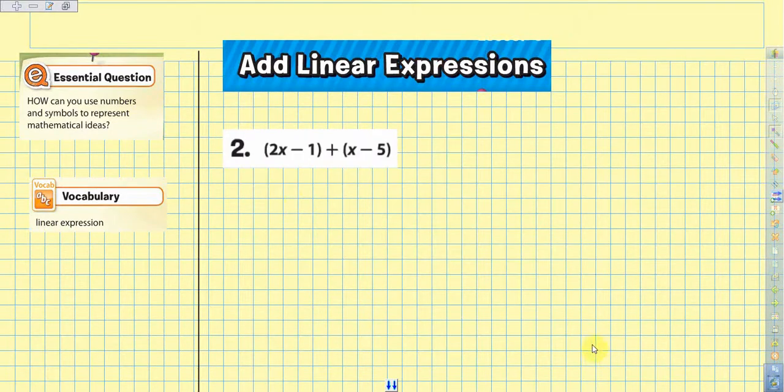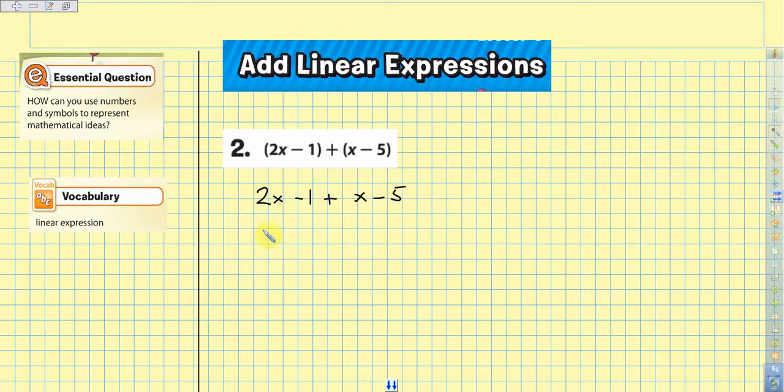Okay, let's take a look at our next example before I have you guys try one. Now we see some subtraction or negatives. We can't just move parentheses around. We can't just move numbers around. What we have to do is rewrite this problem so I can work with it. 2x minus 1 plus x minus 5.